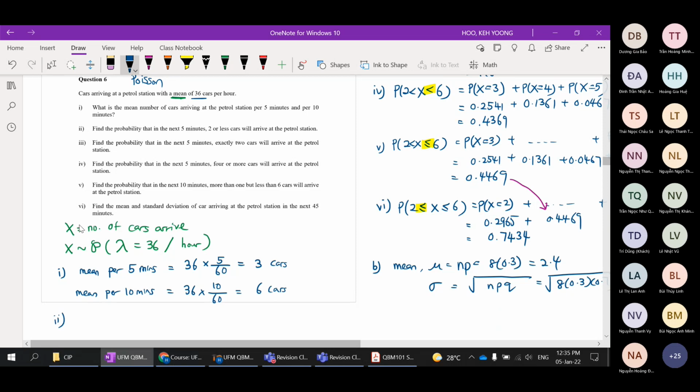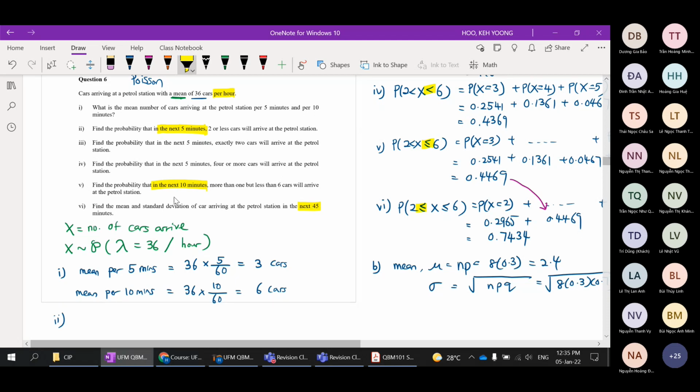Question 2. Find the probability that in the next 5 minutes, 2 or less cars will arrive at the petrol station. One special thing about the Poisson question is that the time periods may be different for each question. Even though the question tells you per hour, when they ask you to calculate the probability, it asks for 5 minutes, or 10 minutes, or even 45 minutes.